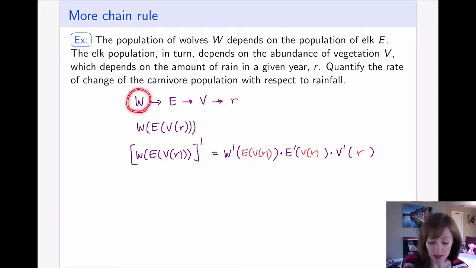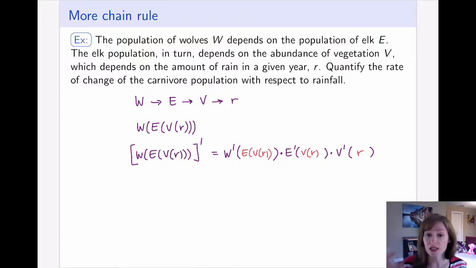So as far as w is concerned, its independent variable is e. So when I take a derivative of w here, I am doing so with respect to the elk population e, okay? But because all of these variables are present on the inside of the w, it might be difficult to track that. So this is also where the other notation for derivatives might come in much handier, as it would in many word problems.